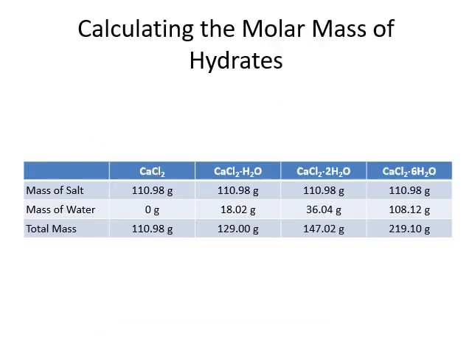If we want to calculate the molar mass, we calculate the molar mass of the ionic compound, and then we have to add in the number of water molecules. So if there's 2 water molecules, it's 2 times the mass of water. If there's 6 water molecules, it is 6 times the mass of water.